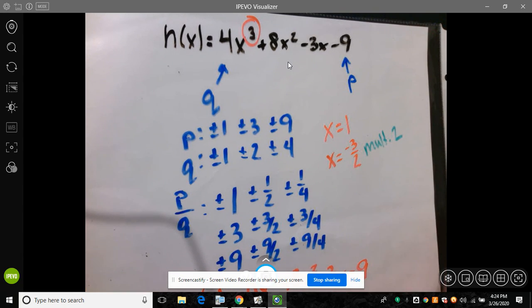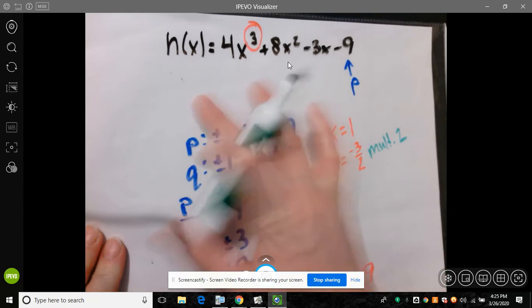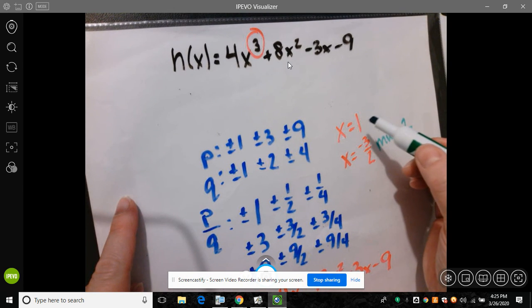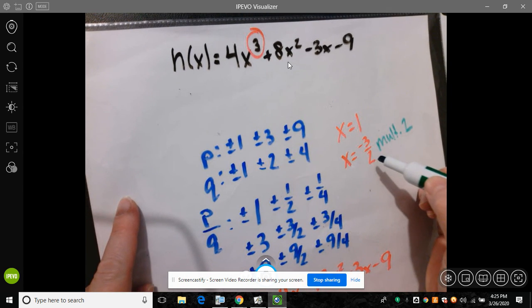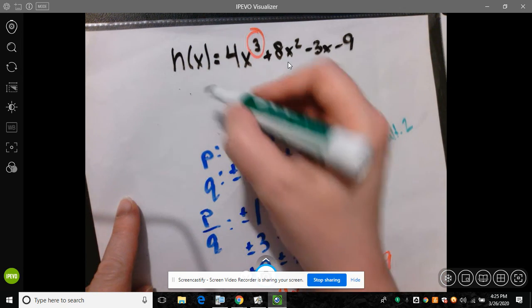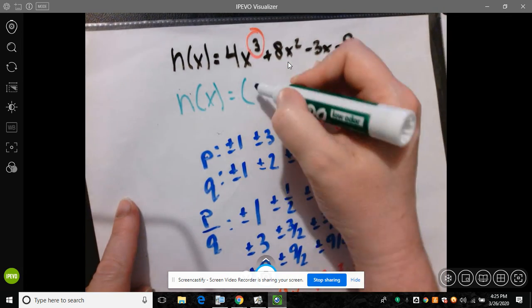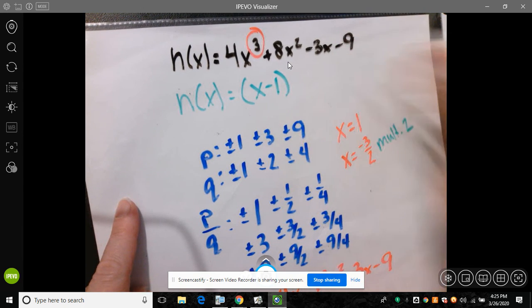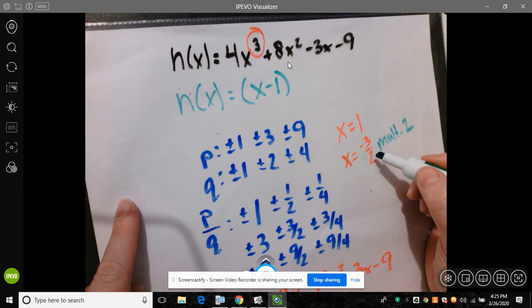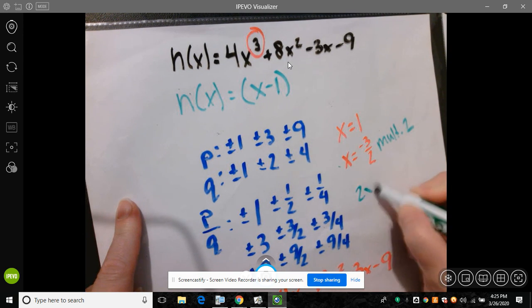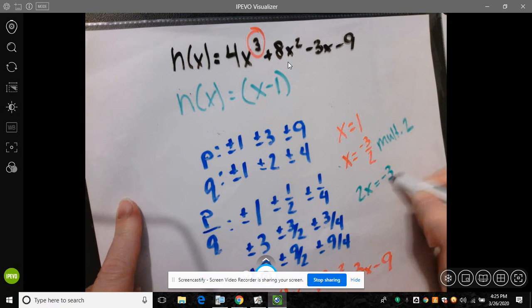So let's go up and write this in factored form. So I'm going to erase just this part here. So factored form, this one is very easy to do. This one's going to be a little bit more of work. So my factored form, h of x equals, I'm going to have x minus 1. And then this one right here, we've got to basically get that equal to 0. So you'd multiply by 2, so I'd have 2x equals negative 3, and add 3.